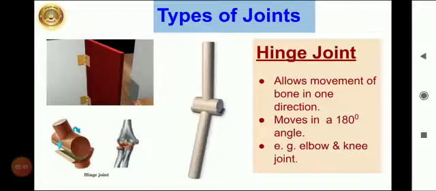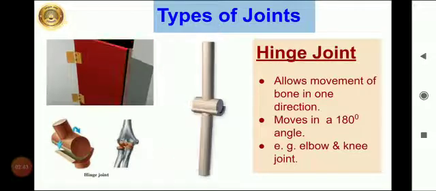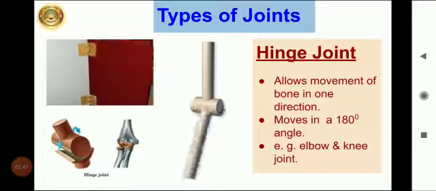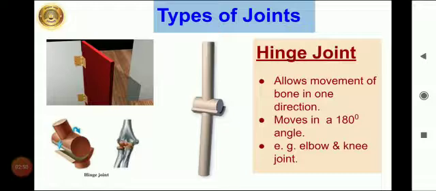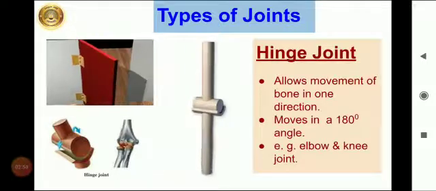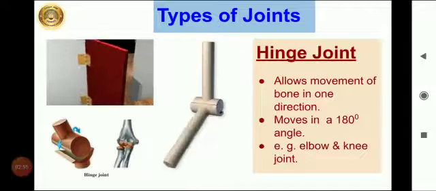Let us study some types of movable joints. First is the hinge joint. This type of joint allows the movement of bones only in one direction. Students, you all know hinges in a door.